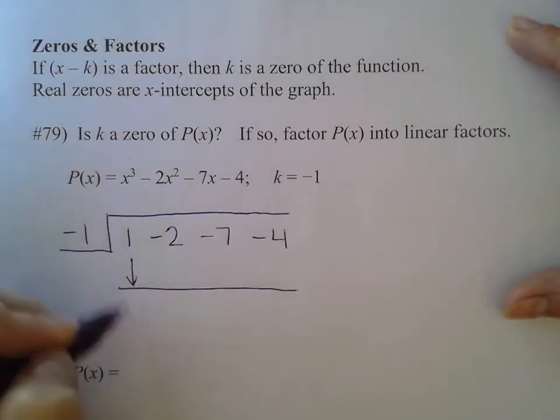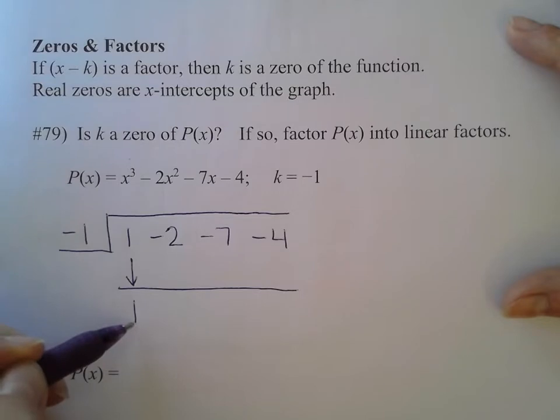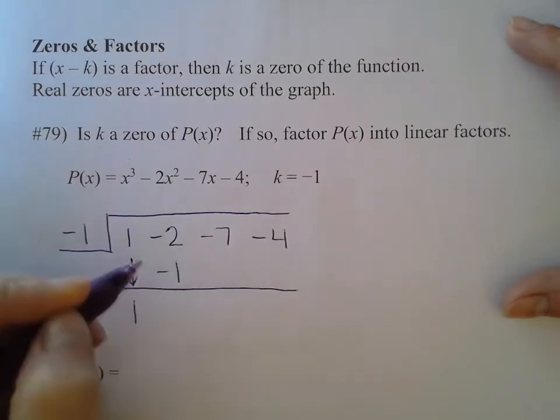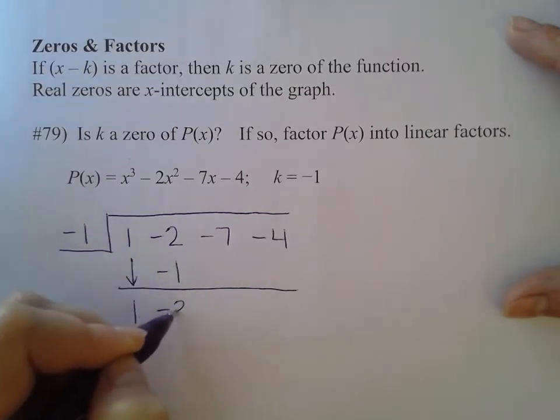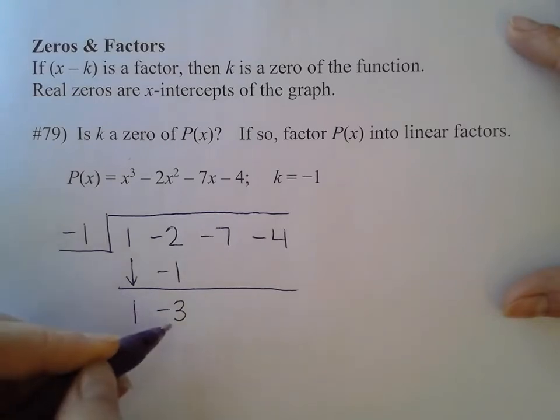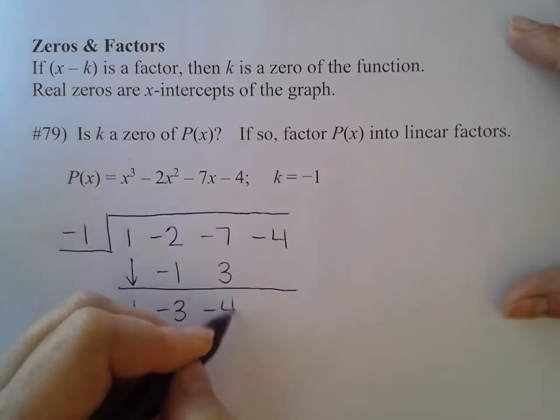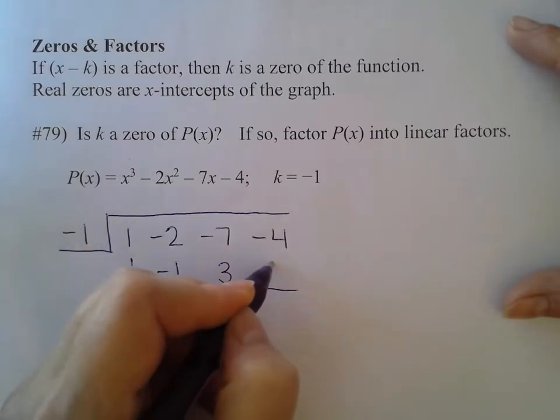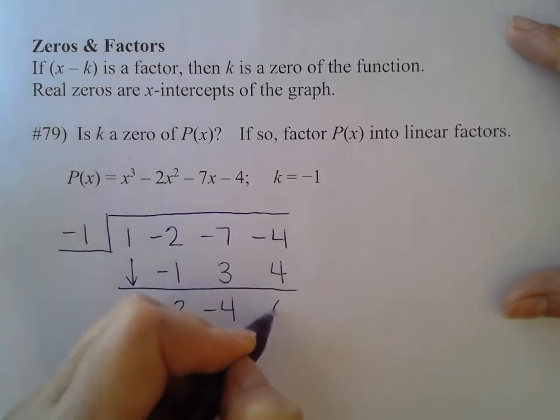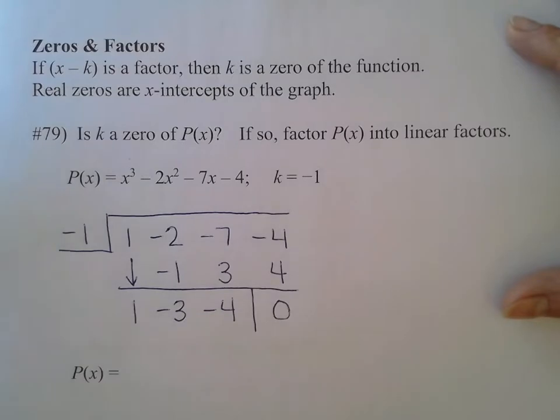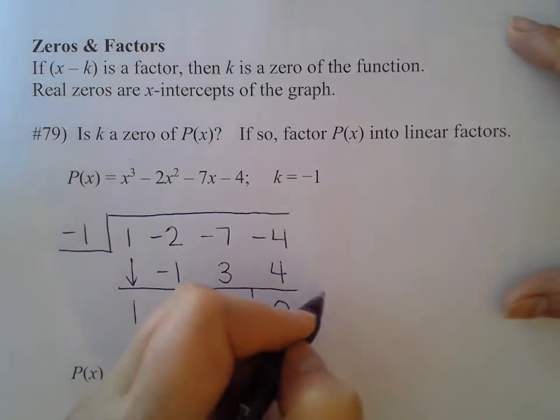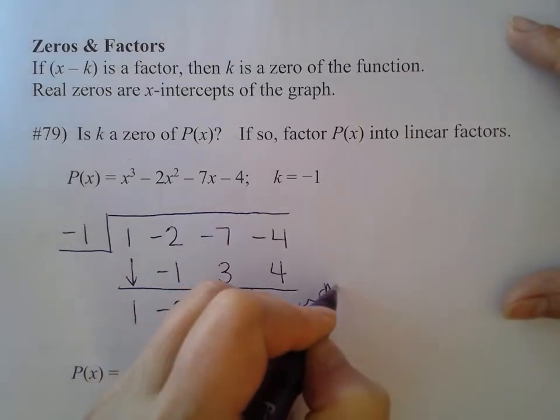We're going to bring down the first number, multiply by -1, and add down. Then multiply again by -1, and add down. Multiply by -1, and add down. Okay, this is our remainder.